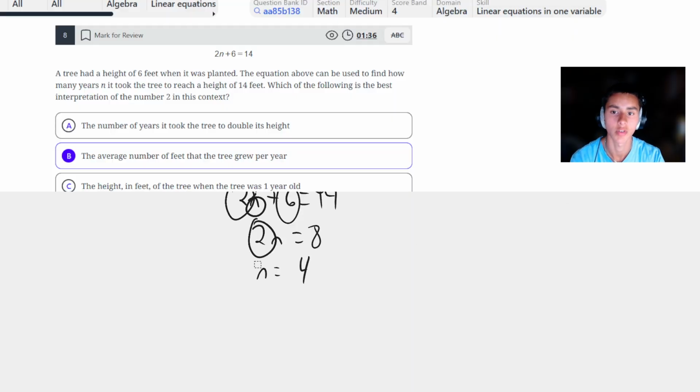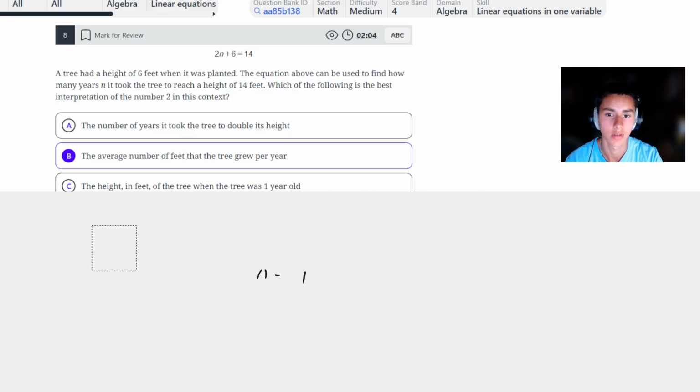So in 1 year it grows 2. We could even plug this in. Let's say f of 1, it would be 2 times 1 is 2 plus 6 equals 8. After 1 year, it grew to 8, so it gained 2. So that's another way of understanding it.